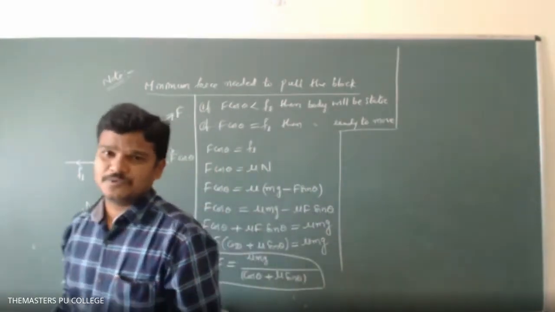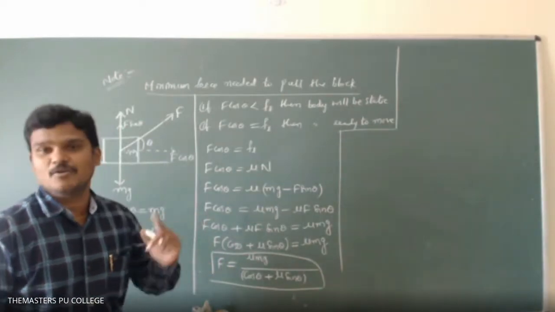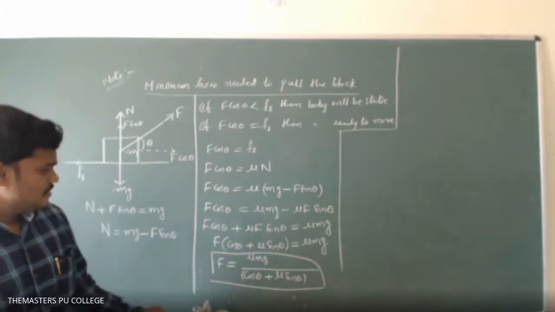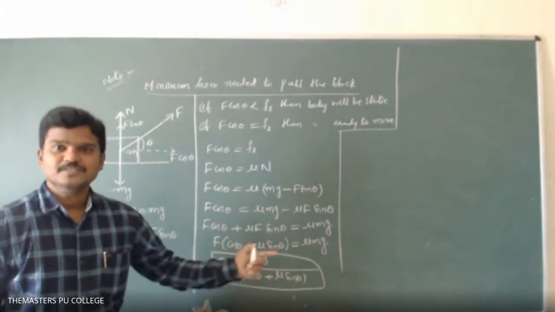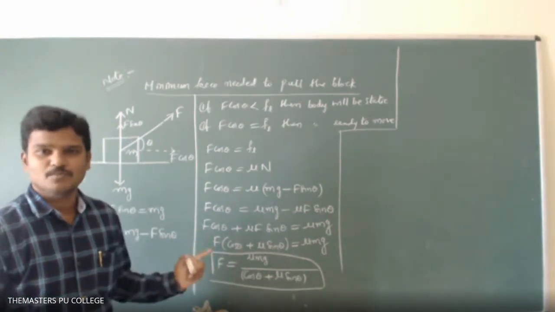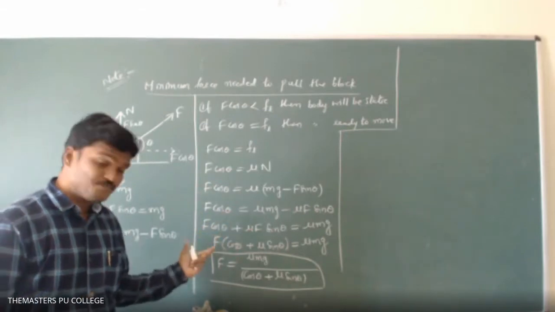No need to worry about these many steps, just feel the concept. See, this is the formula: mu mg by (cos theta plus mu sin theta) is the minimum amount of force to pull the body so that the body is ready to move. This amount of force is needed.